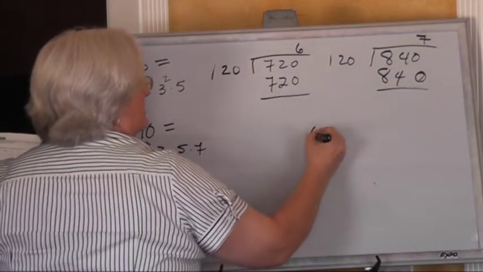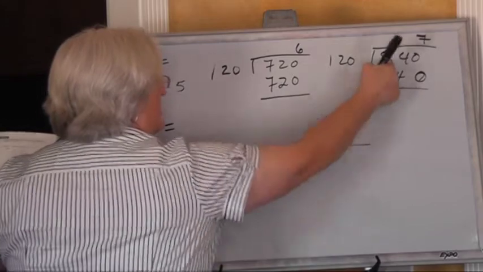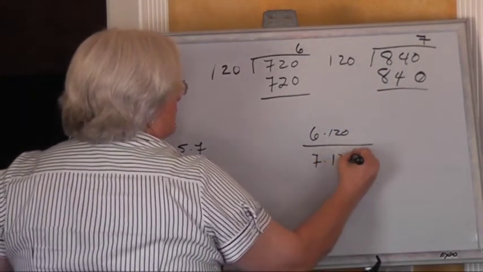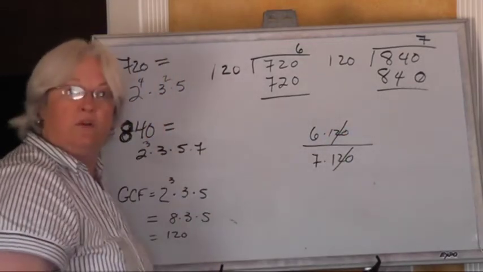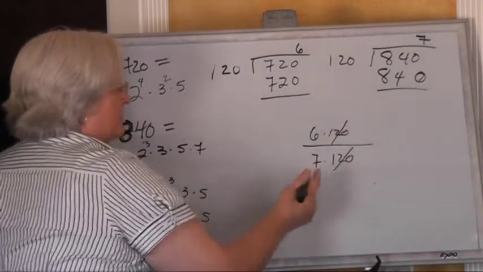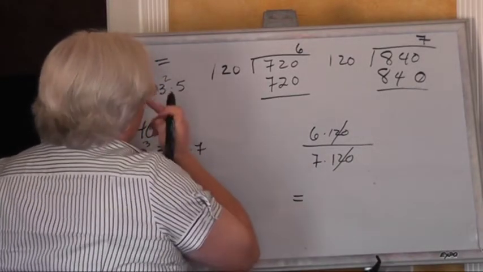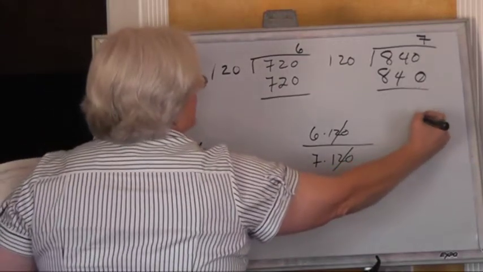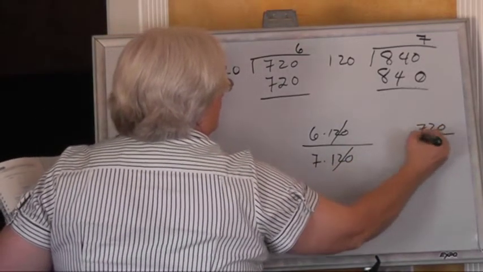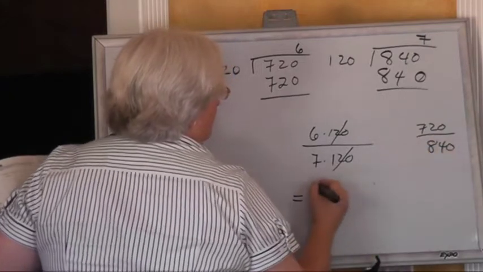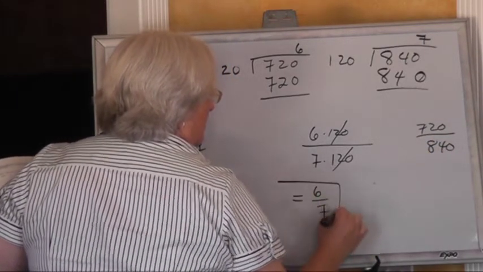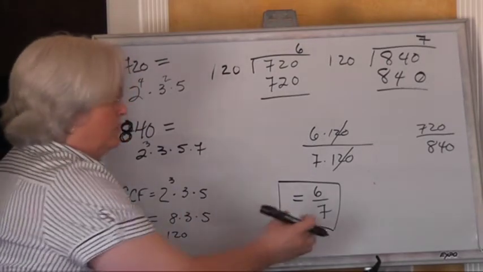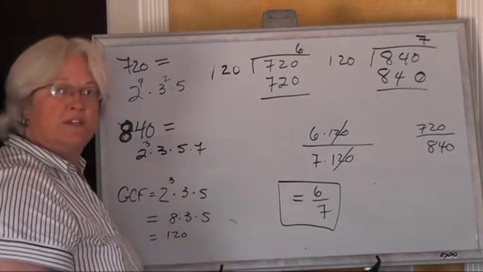So 720 is 6 times 120. 840 is 7 times 120. So you cancel the largest common factor, and if we were going to be reducing a fraction that looked like 720 over 840, that would reduce down by the greatest common factor to a fraction in lowest terms of 6/7.